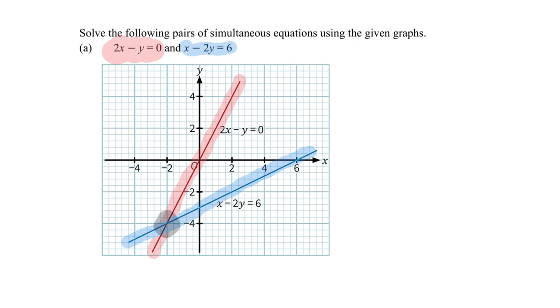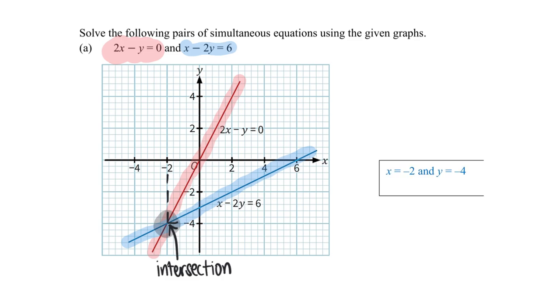Yes, it has to be at the intersection point, which is here. And from here, I will then be able to gather that my x is negative 2, sorry, and my y is negative 4. And that is the answer for part A.